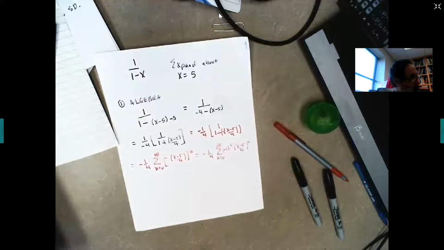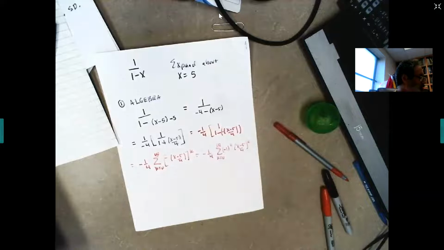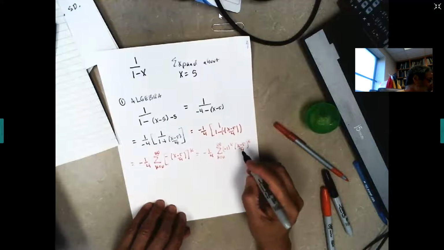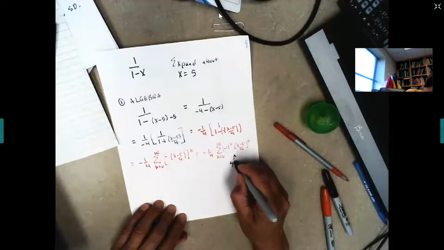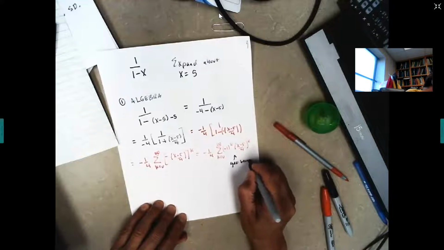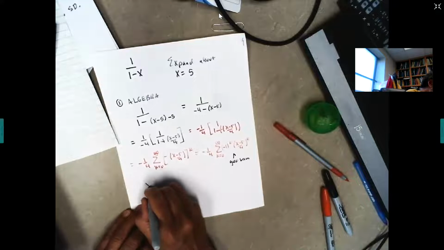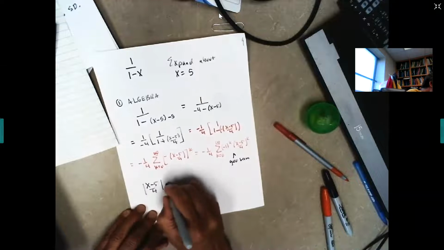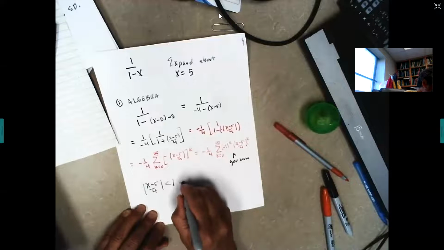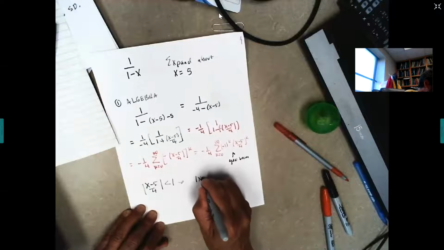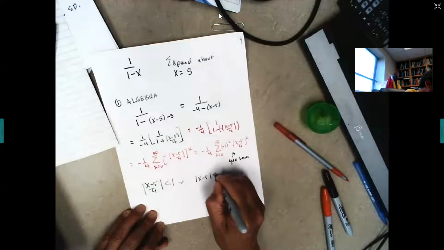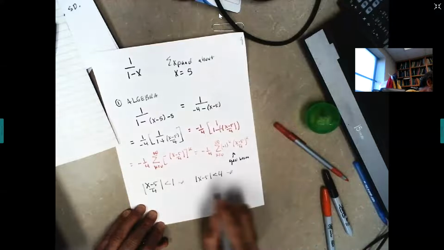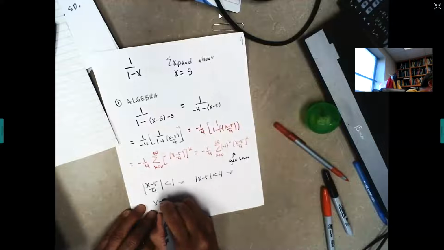Now to find the interval of convergence, or the radius of convergence, we realize that this is a geometric series. So we realize that this x minus 5 over 4 has to be less than 1 in absolute value, which is x minus 5 less than 4.